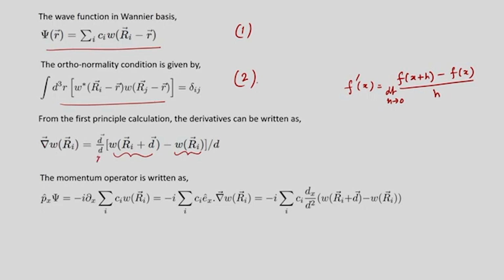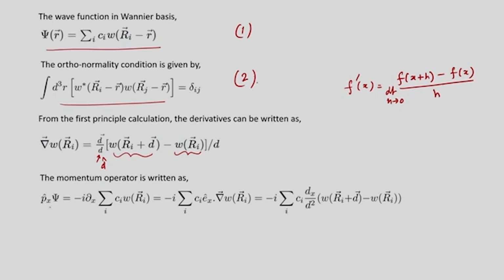So this is the d cap direction that is shown, divided by d, which is the nearest neighbor distance. Because gradient is a vector, this d cap is in the direction connecting the two sites R_i and R_i plus d. So this is the definition of momentum or a gradient of a scalar function.